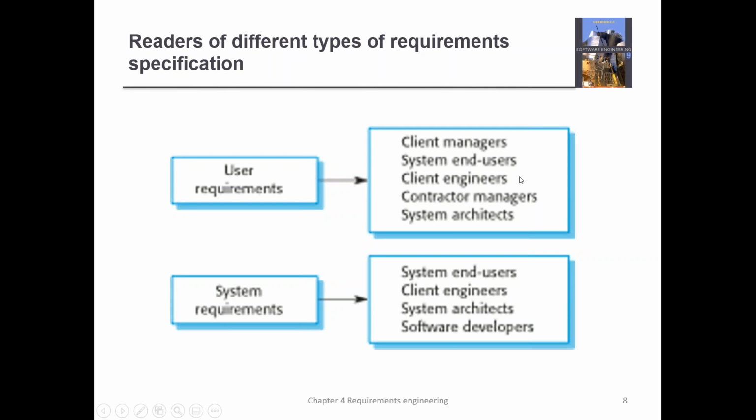So those are your client engineers. Your contractor managers are the persons you're going to be contracting out parts of the job to, or on the user side, the persons who are contracted to work with this company. Again, they need to know what it is that this system is going to do. And the systems architect, who is the analyst. So those are the persons who would read the user requirements.